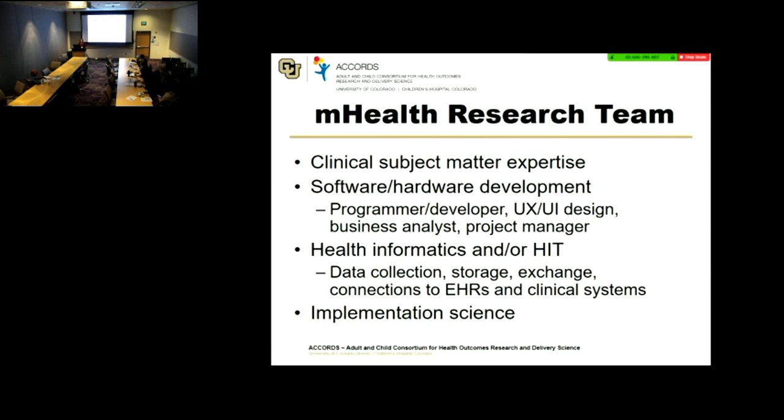You have somebody who is used to figuring out what happens when you try to bring something from concept into practice and it runs into the real world. These are the people who are used to looking at how to adapt study designs or adapt responses based on what happens when you run into real world problems, and that happens a lot with technology. It never finishes exactly as you intend it to start.